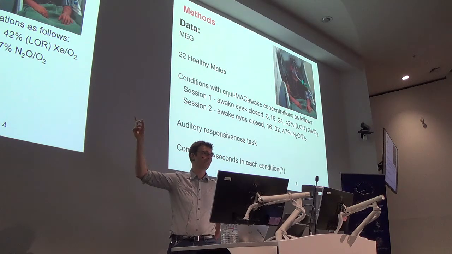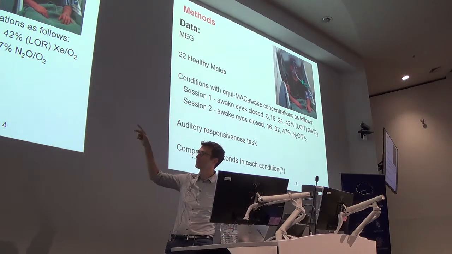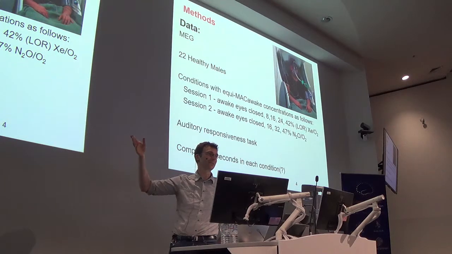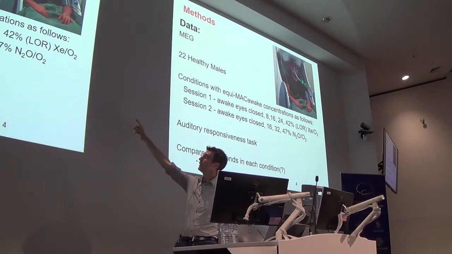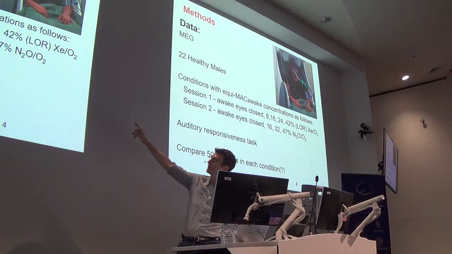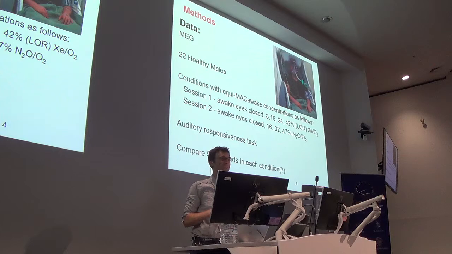Xenon is a general anaesthetic, used in Europe for surgery, whereas nitrous oxide is typically used in dentistry, and high levels of nitrous oxide that would lead to loss of consciousness lead to other side effects like hypoxia and emesis, nausea and things like that. So we only brought people to loss of responsiveness with xenon, whereas with nitrous oxide, we delivered concentrations that you can think of as having an equivalent behavioural effect.